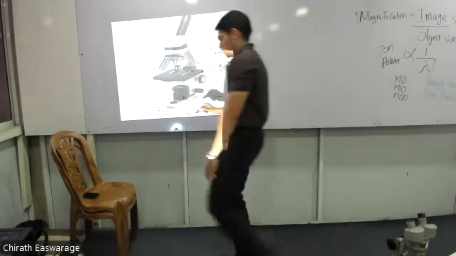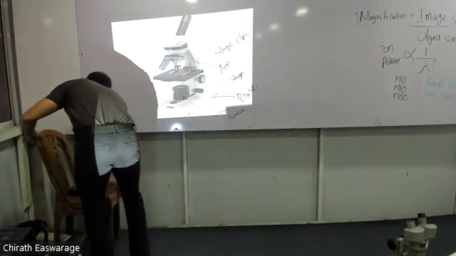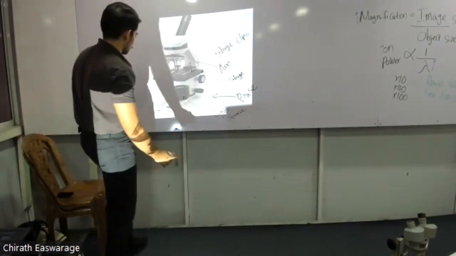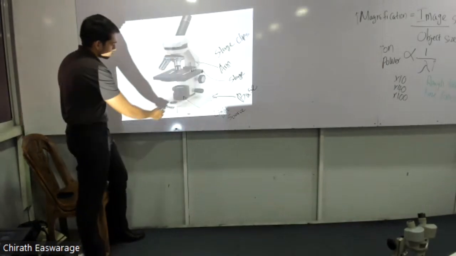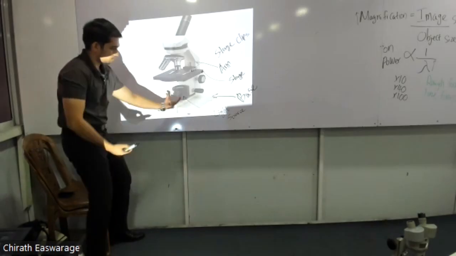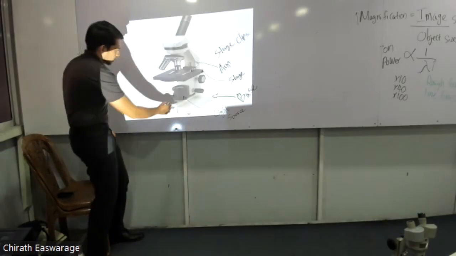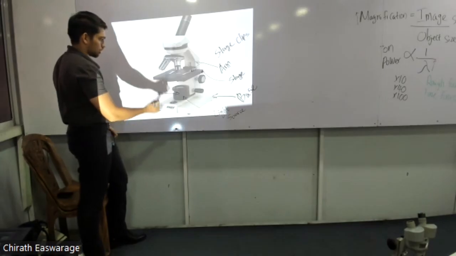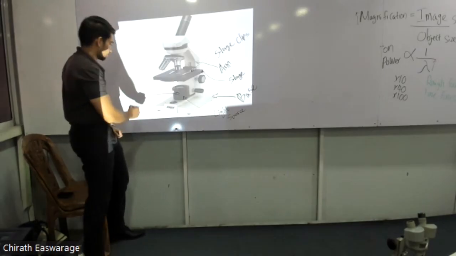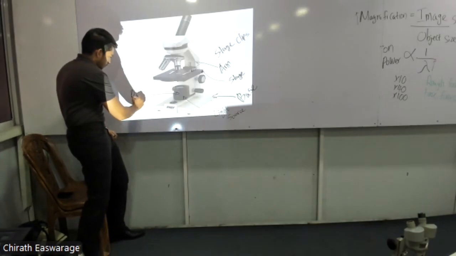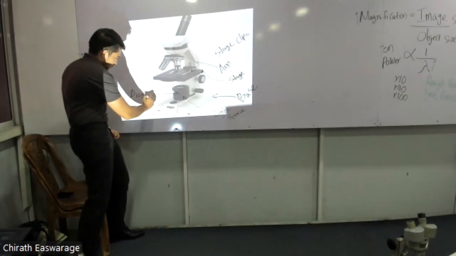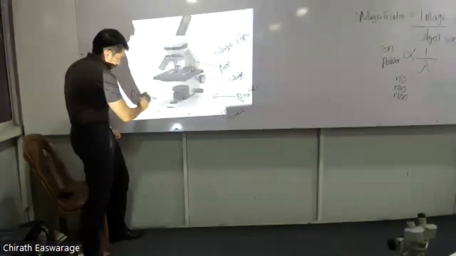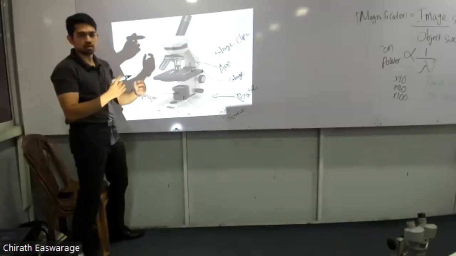And there are two additional things that I want you to know. At the bottom, you have a bulb, right? And there are two other gadgets that help to use that light nicely. There's what we call a diaphragm. Have you seen in cameras, there's an aperture?